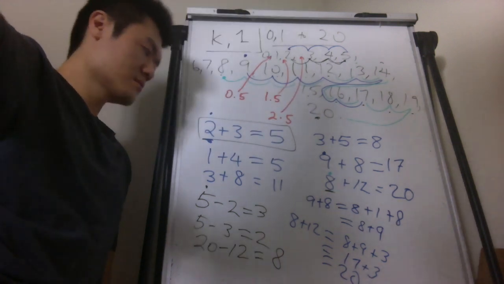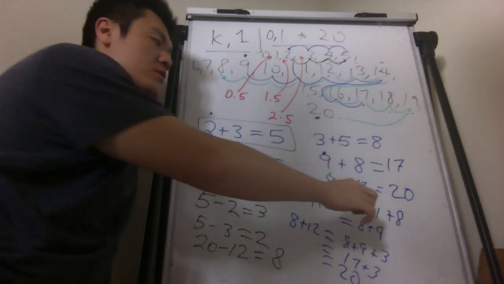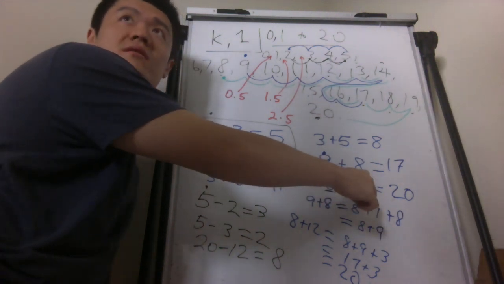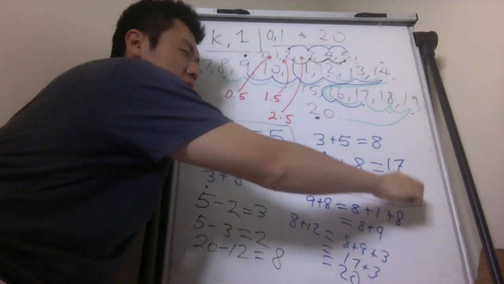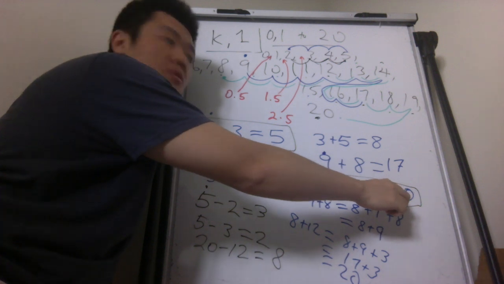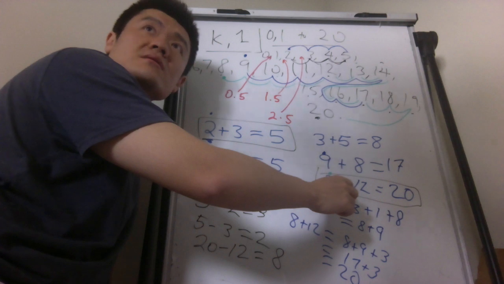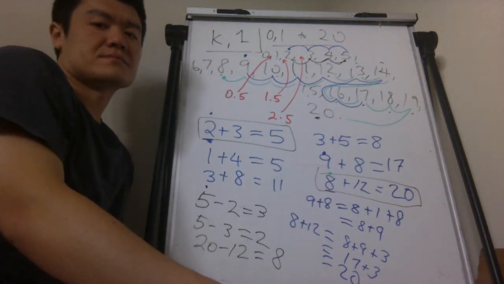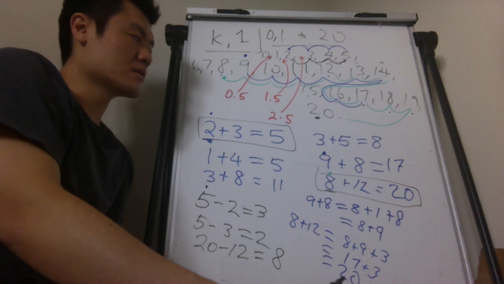Can you see? I'm trying to explain to you before, okay? If you go from 8 forwards by 12, you get to 20. So that's also telling you that if you start from 20 and you go backwards by 12, you get 8. Alright? No. So you didn't quite understand, but it's okay.